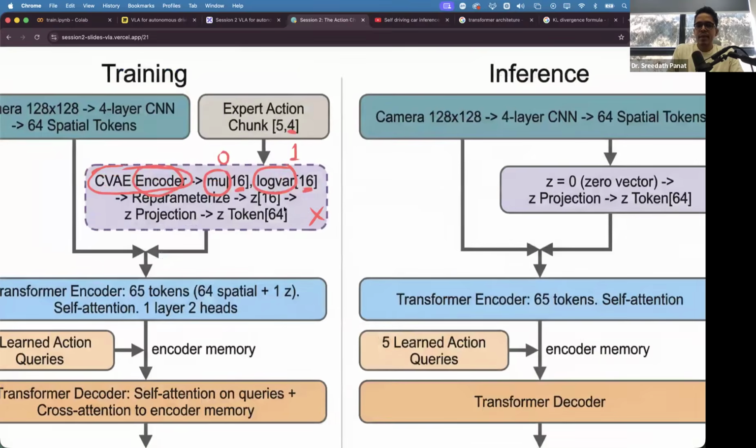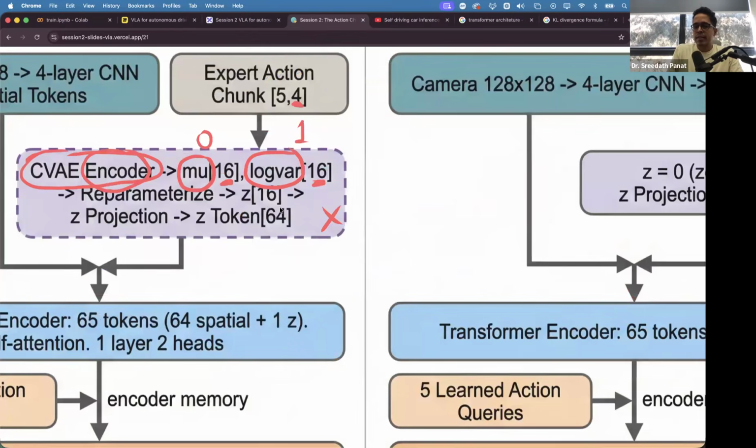And then that we can project back into 64-dimensional space. So now we have a token whose dimensionality is 64, sampled from a latent space where the latent space dimensionality is 16. But the data points in that latent space are distributed in such a way that they have a mu of 0 and standard deviation of 1.